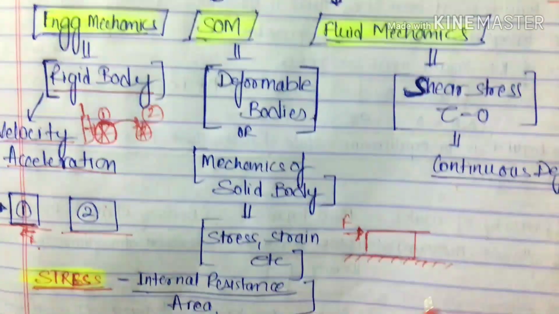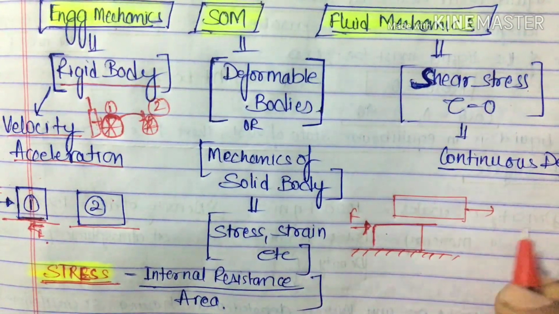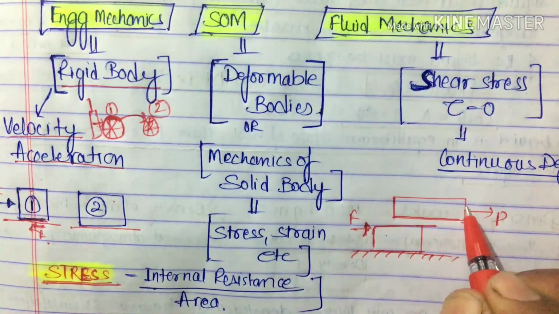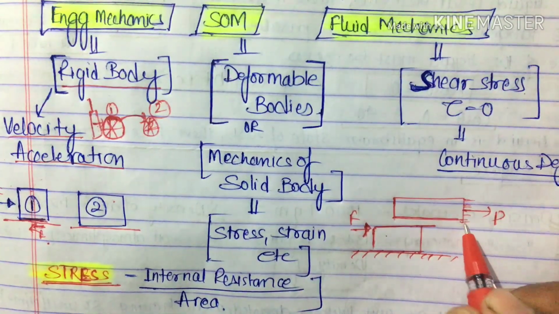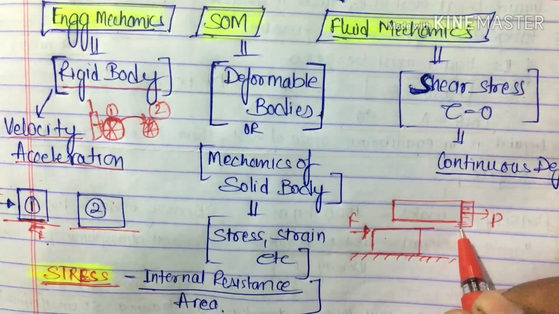Let me explain more precisely. Suppose this is a body and we are applying force from this side. This is force P. Now when we apply force, these fibers will try to stretch out, and when these fibers stretch, this is known as deformation.